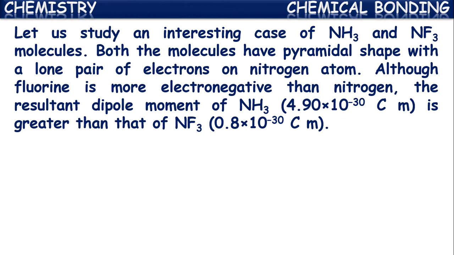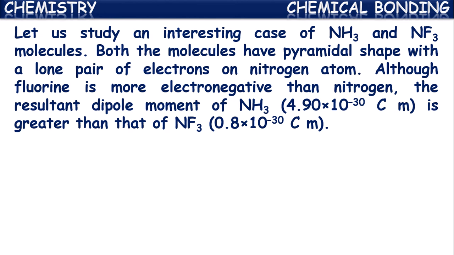Now let us study an interesting case of NH3 and NF3 molecules. Both the molecules have pyramidal shape with a lone pair of electrons on the nitrogen atom. Although fluorine is more electronegative than nitrogen, the resultant dipole moment of NH3 is greater than that of NF3.